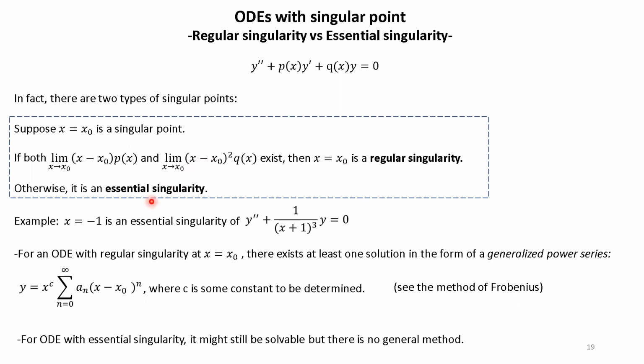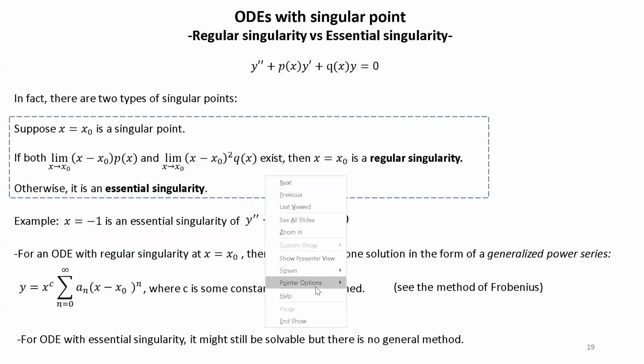For example, if in this equation you do have a singular point, you can see that x plus 1 equals 0 when x is minus 1. In this case, is this an essential singularity, or is it a regular singularity?